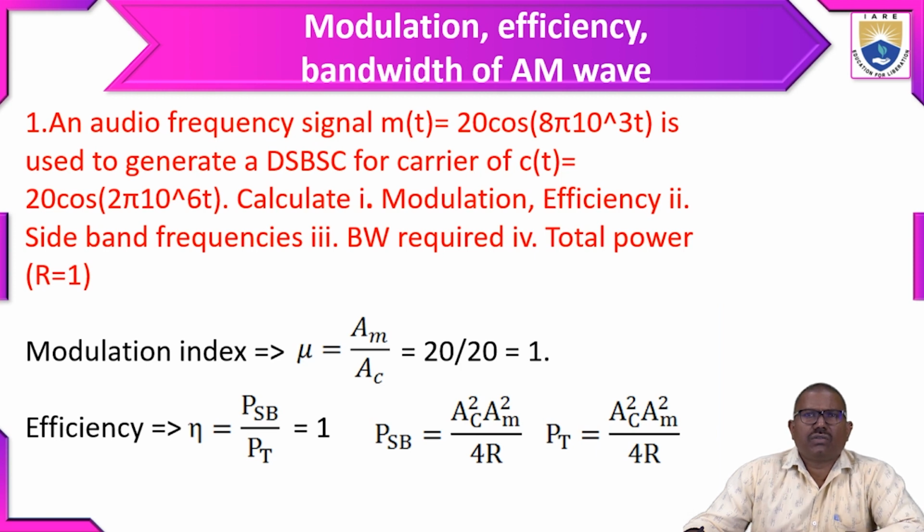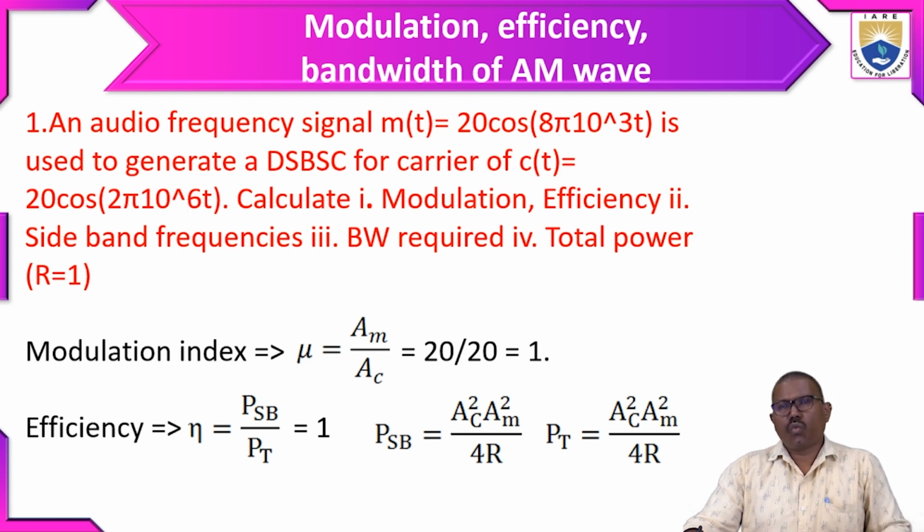An audio frequency signal m of t equal to 20 cos 8 pi 10 cube t is used to generate a DSB with carrier c of t equal to 20 cos 2 pi into 10 power 6 t. Calculate modulation efficiency, sideband frequencies, bandwidth required, and total power when R equal to 1. That means the resistor value is given as 1, so simply R equal to 1.